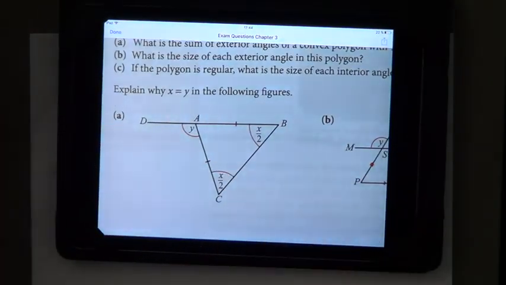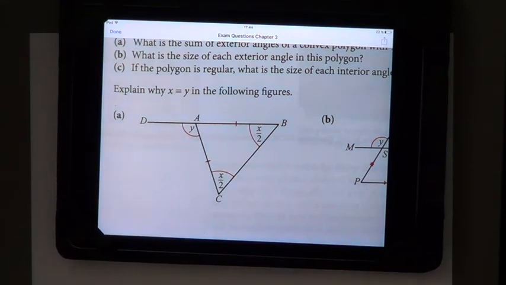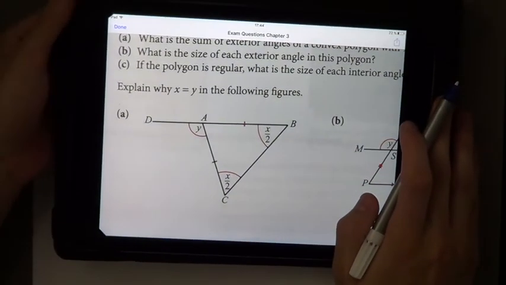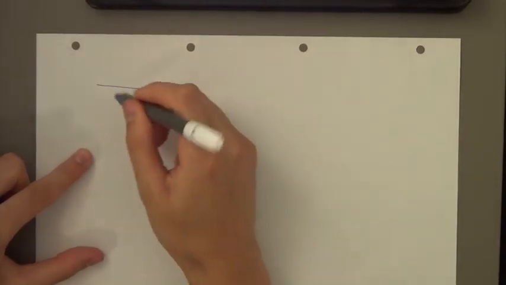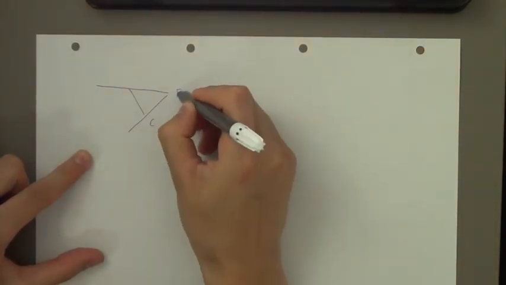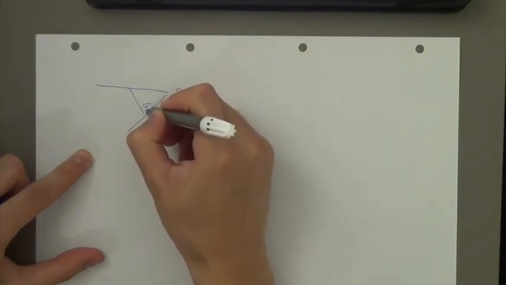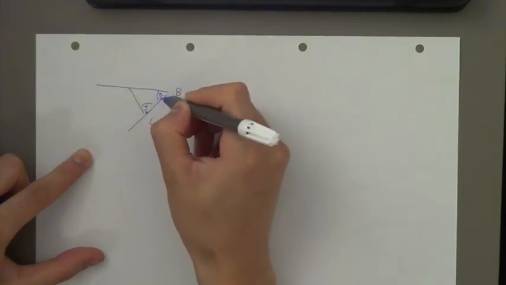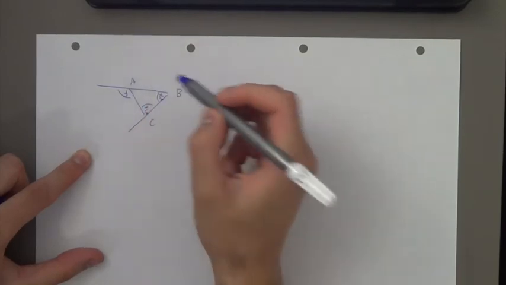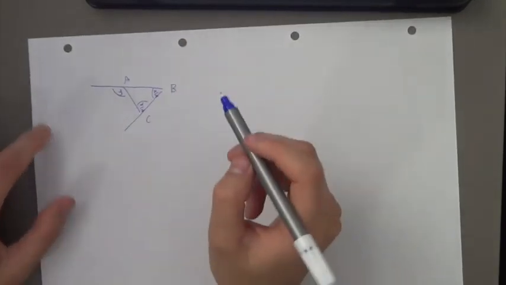It says, explain why x equals y in the following figures. For this first example, I'm just going to do a numerical example to show you why this is the case. I'm going to draw this out for you. So it's C, B, this is x over 2, x over 2, and this is y, and this is a.